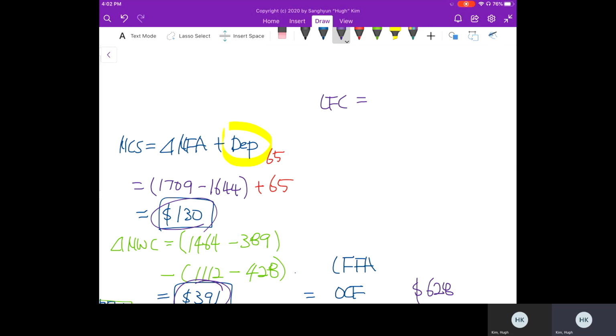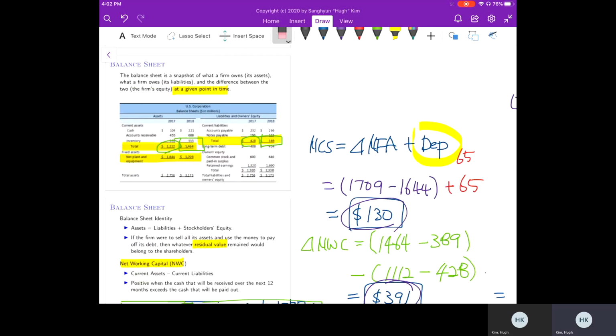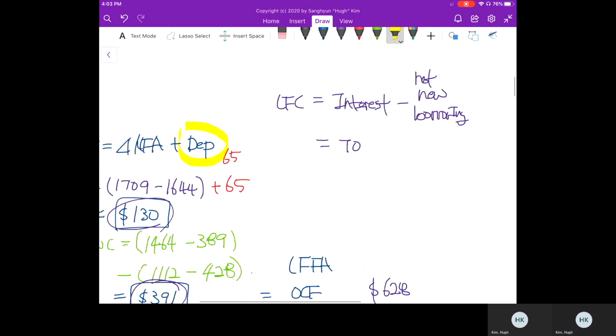Cash flow to creditors is interest minus net new borrowing. Net new borrowing is the change in long-term debt, so 454 minus 408.